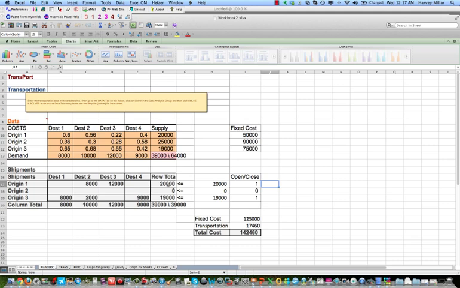So the total amounts shipped, 20,000 plus 19,000, is 39,000, which balances nicely with the original demand of 39,000. And so that is the plant location problem. Relatively easy to do in a spreadsheet environment.